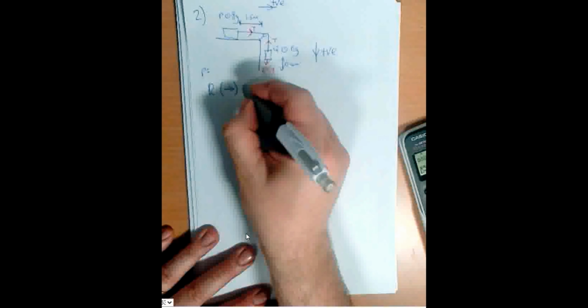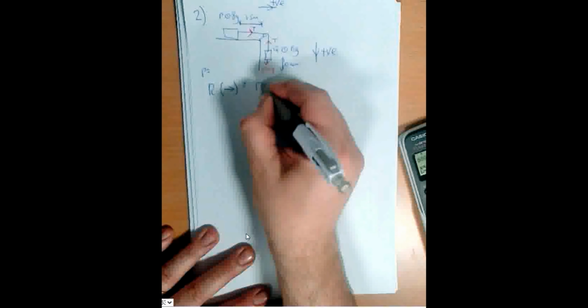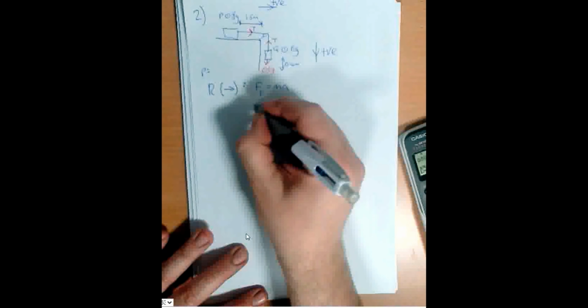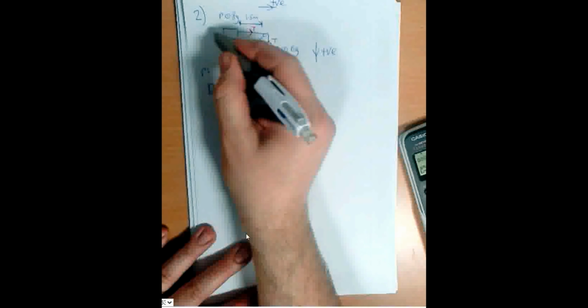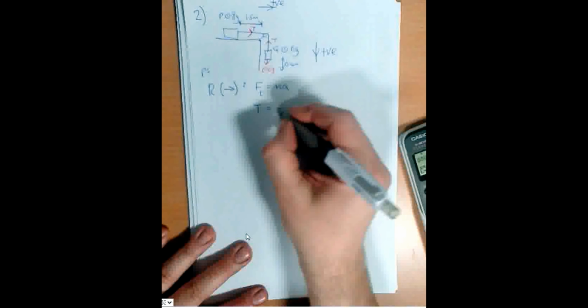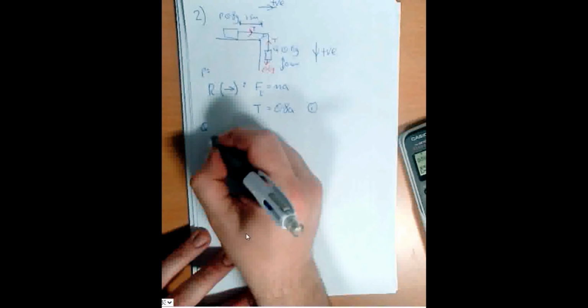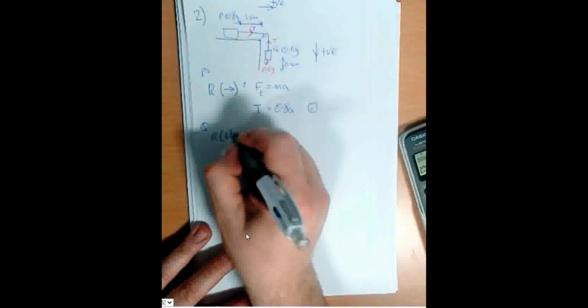So for P, remember what we do, total force is mass times acceleration. So T, there's no force acting in the negative direction, equals 0.8a, equation number 1.